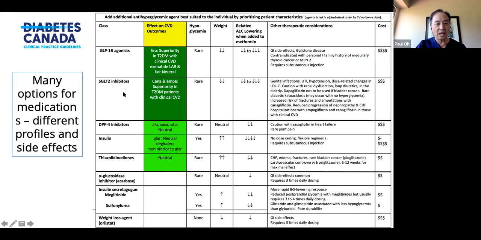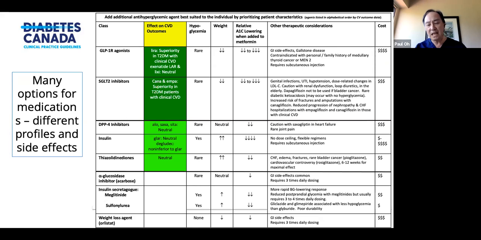The classes can be itemized in this way. For instance, the glucagon-like peptide-1 receptor agonists or the SGLT2 inhibitors, etc. We're going to talk more about these different classes and categories and examples of medications.